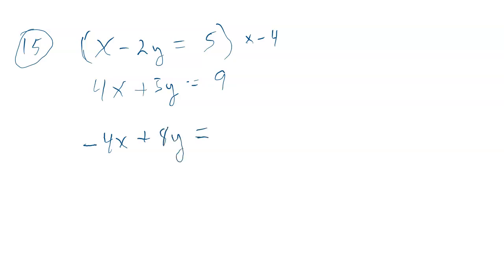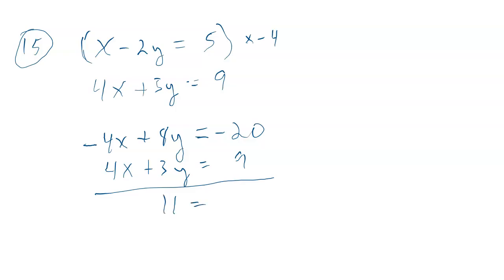Is equal to -20. On the bottom, you get 4x plus 3y is equal to 9. So you get 11y is equal to -11. y is equal to -1. Not bad. Now plug that in somewhere and get a second answer.